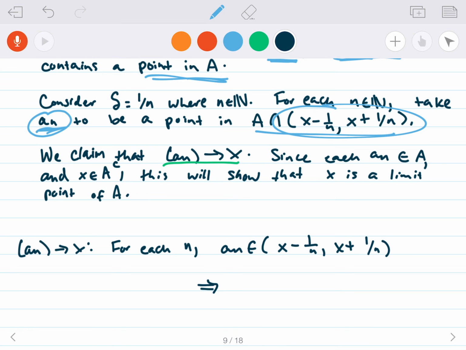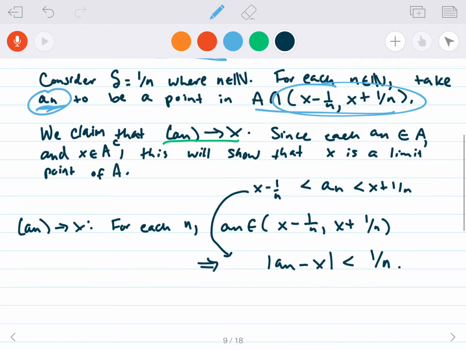So what does it mean to be in this neighborhood? It means that a sub n is going to be bigger than x minus 1 over n and less than x plus 1 over n. And this implies, by properties of absolute value, that the absolute value of a sub n minus x is going to be less than 1 over n. Okay? And so what's the idea here?